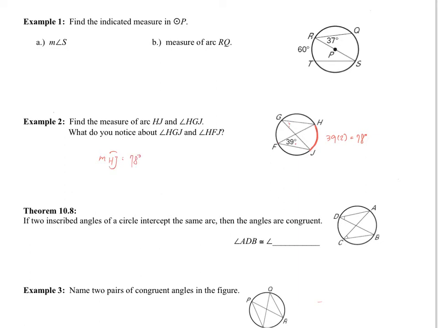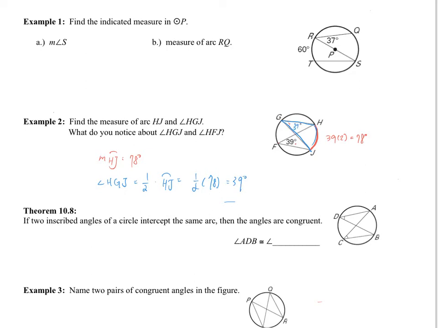And I can also look at it from this point perspective. So I know that angle HGJ is half of the measure of arc HJ. So half of 78 again is 39 degrees.